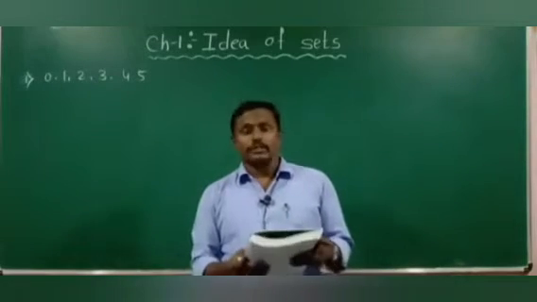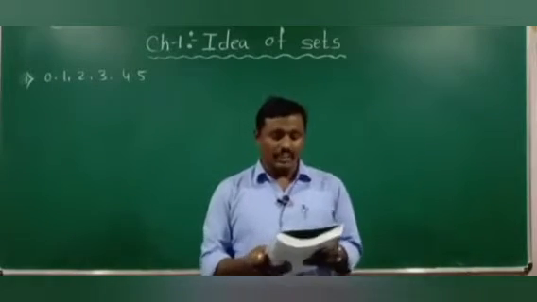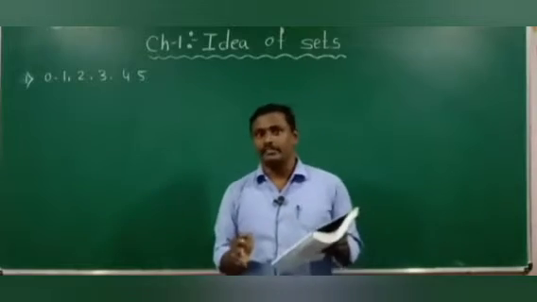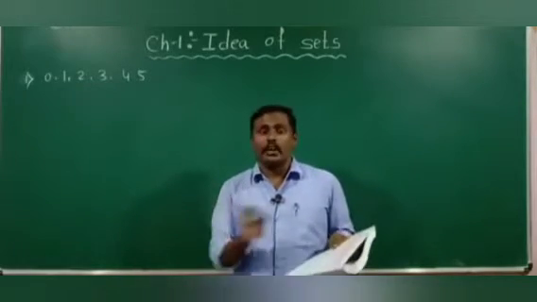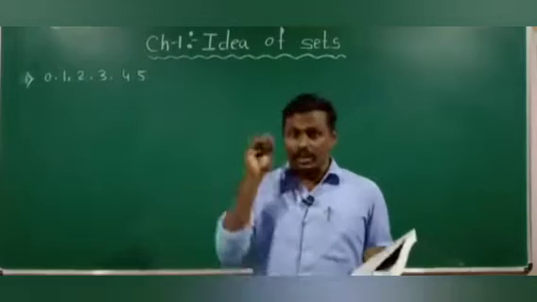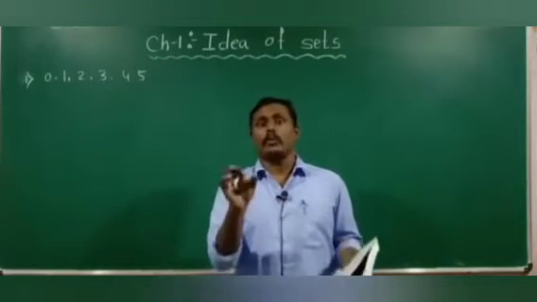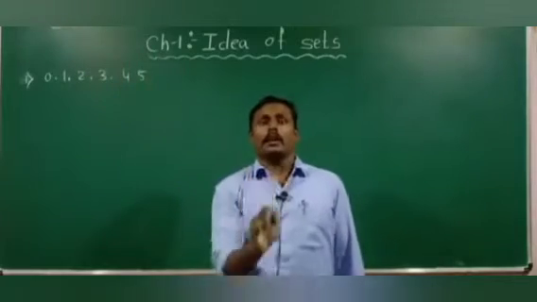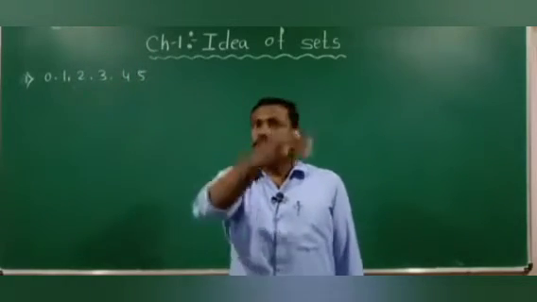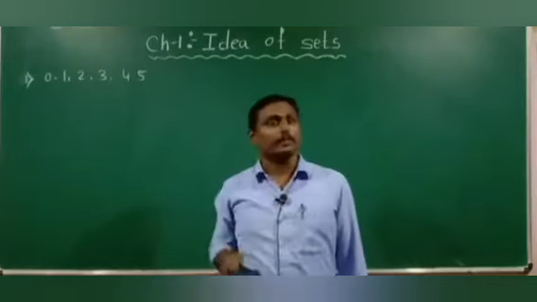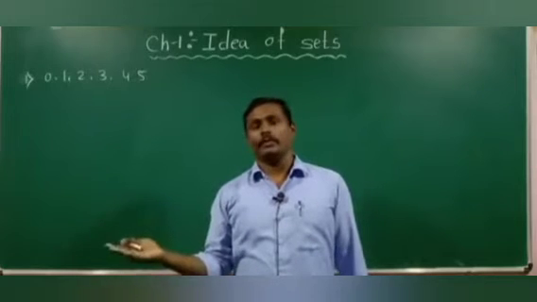Okay. Next, the third one: the collection of rich people in India. Again, they are not specifying any condition or terminology. If they gave a specific condition, like a person who has more than billions is considered rich, we could easily identify.